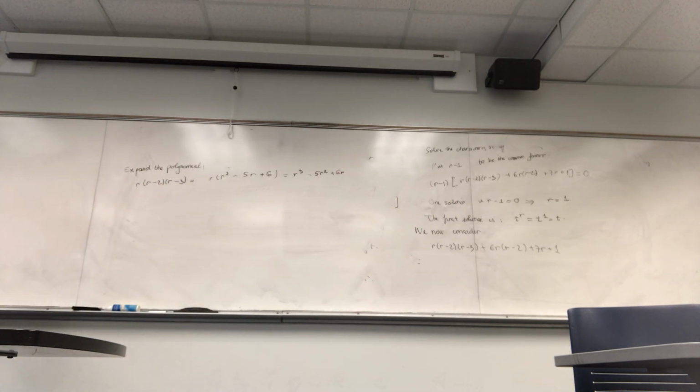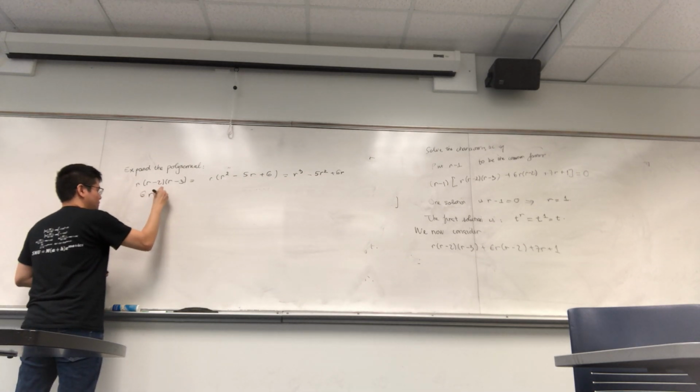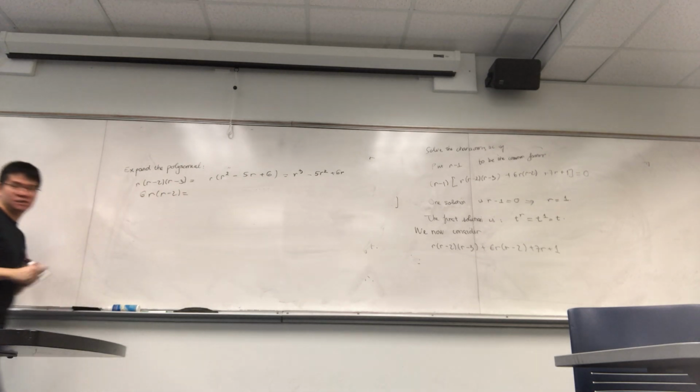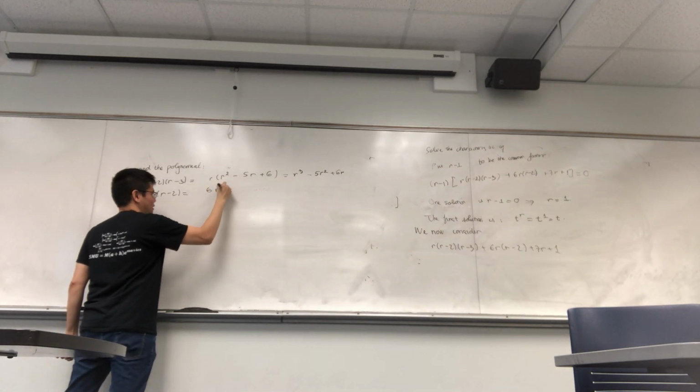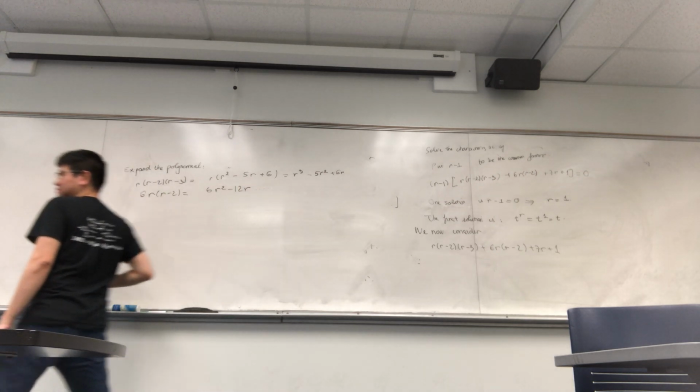All right? So what is 6 times r minus 2? It gives 6r minus 12. So this gives me 6r squared minus 12r, all right?